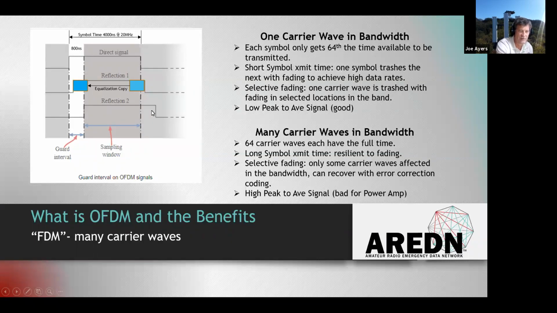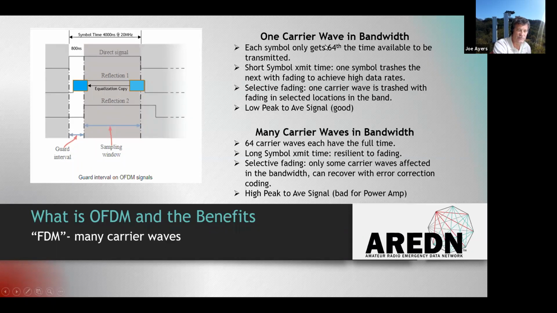If I had 64th the time and I had one carrier wave trying to transmit the same number of bits, I don't have enough time in that guard interval, such that this symbol is now pushing into the next direct path symbol that's being transmitted and trashing it, called inter-symbol interference.